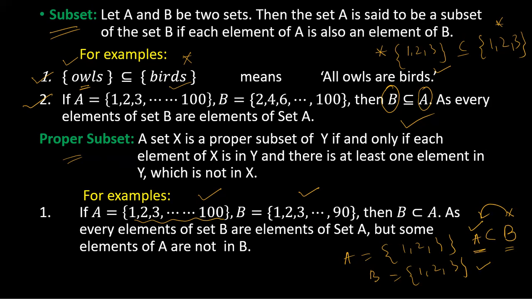So there is only one difference between subset and proper subset, and it is this one. In the subset, they have not mentioned that at least one element should not be in the superset. Let me give you another example.